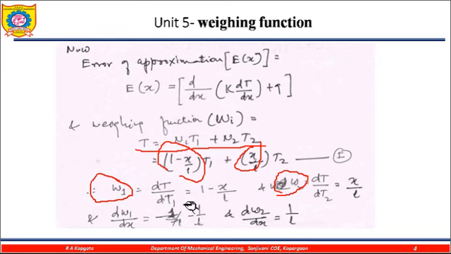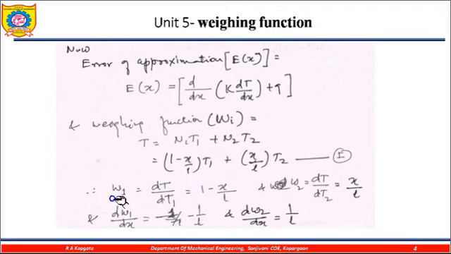So what is that dT? When we differentiate this T with respect to T1, the T2 term is not available, so that term is 0.